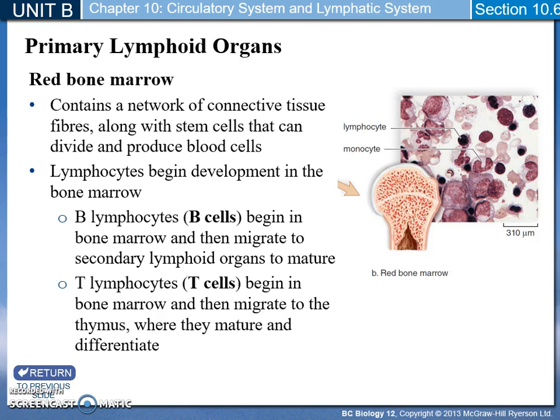And so lymphocytes, they begin development in the bone marrow, and the B lymphocytes begin in the bone marrow and then migrate to the secondary lymphoid organs to mature, which would be the spleen and the lymph nodes. The T lymphocytes begin in the bone marrow, and then they migrate to the thymus, where they mature and differentiate.